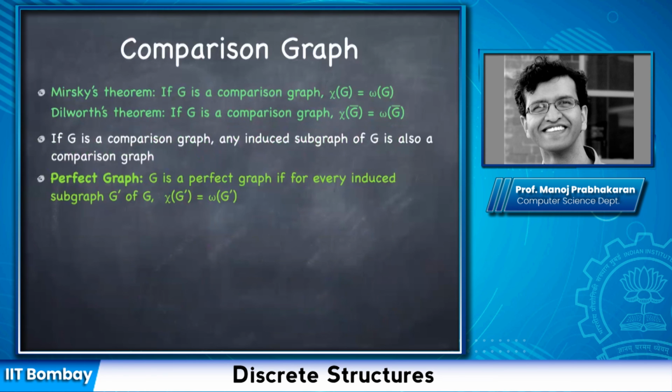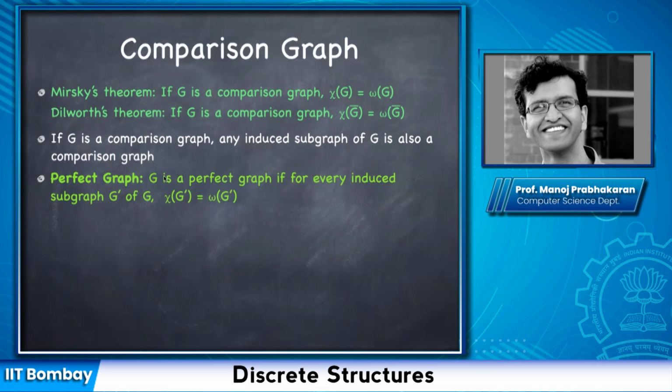To see both these results as duals of each other, of course they are already looking quite similar. They're statements about G or G complement, the same statement where G is a comparison graph. But you can go a little further and see why both of these results should hold if one of them holds.